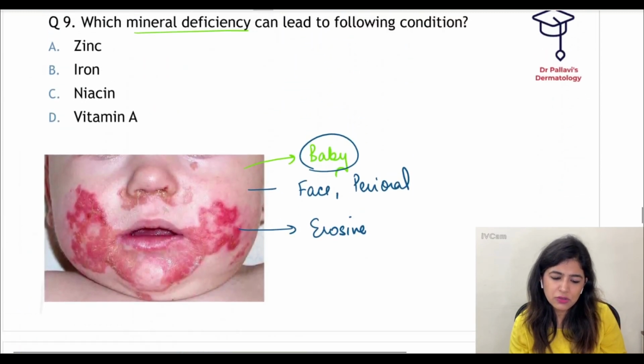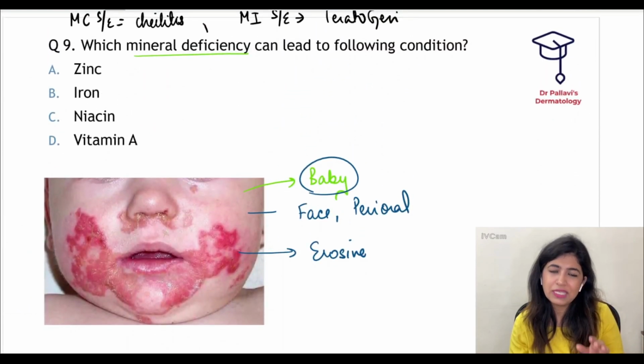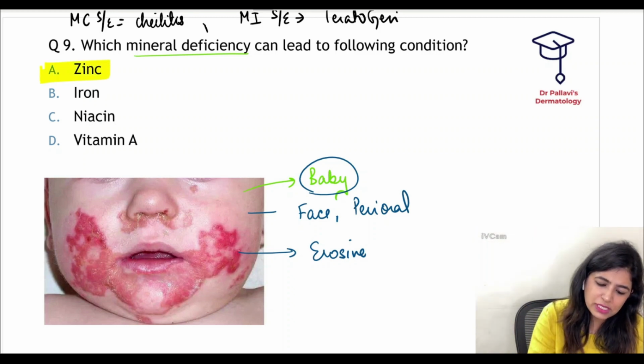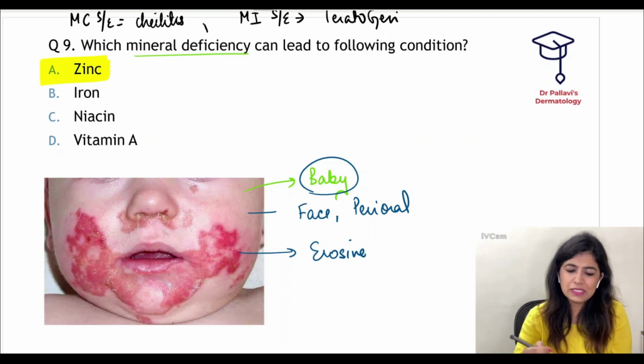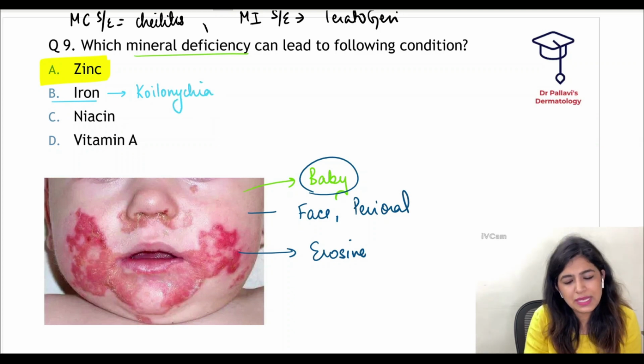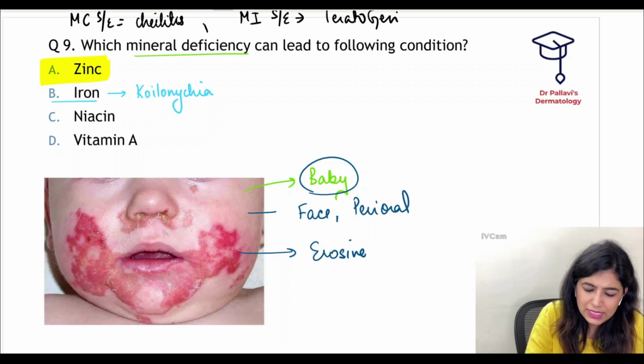So what is the answer to this question? This image is representing acrodermatitis enteropathica, which is deficiency of option A, that is zinc. What about option B? Iron causes koilonychia. So deficiency of iron causes anemia, which presents as koilonychia.